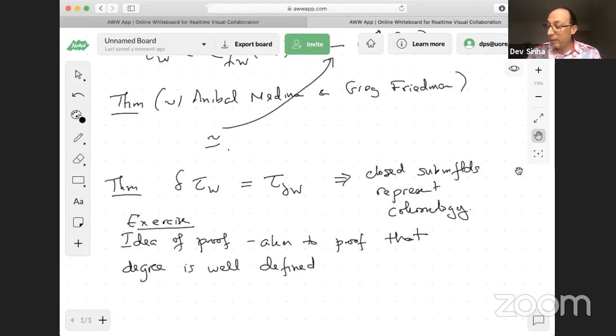And by degree, I mean in differential topology. And so it uses the classification of one manifolds.